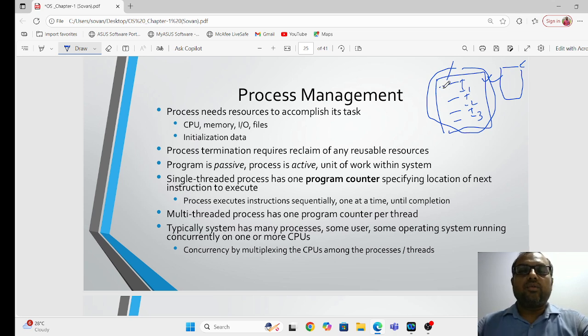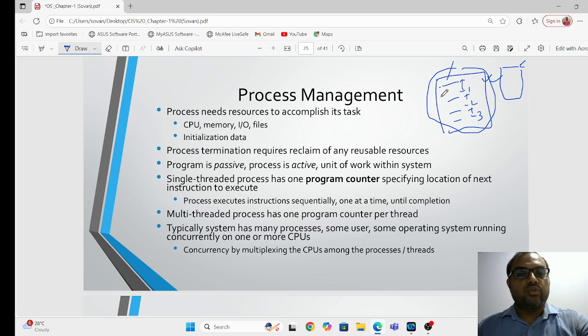If the CPU wants to store some values into memory, or requires some values from memory or from the IO devices, it can access them. They can access the files and everything. So this process management is also required and important.